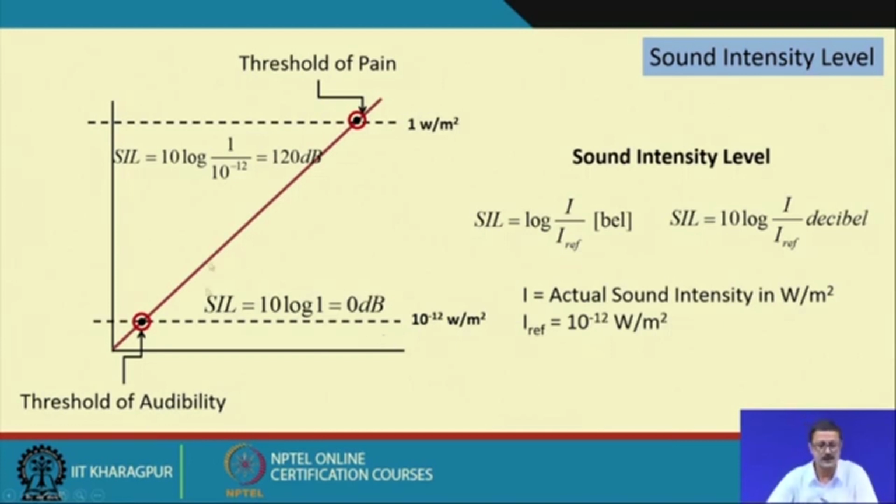And if I go to the highest, the threshold of pain, this is equivalent to 1 watt per meter square. So, instead of I, I put 1, and the reference value is 10 to the minus 12. This ratio and its logarithm multiplied by 10 gives me 120 dB. So, the decibel level fluctuates between 0 and 120 dB from the threshold of audibility to the threshold of pain.